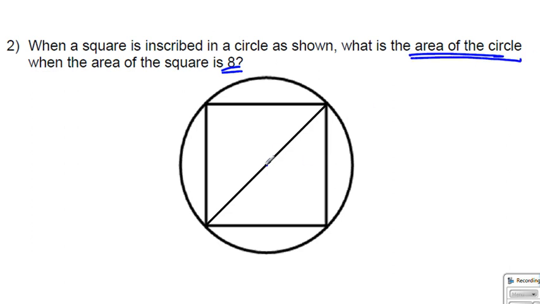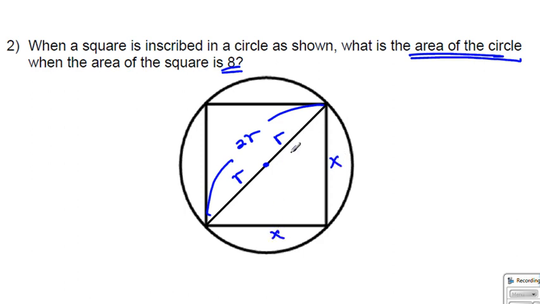So let us call this one r, and then the whole thing becomes 2r, therefore. But you will see the relationship in a way that since this is equal to 2r and area is equal to 8, we call this one x, and here is x.